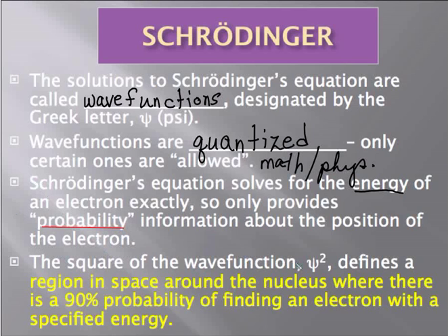So the wave function squared is really what we're after. The wave function squared defines a region in space where there's a 90% probability of finding an electron with a specified energy. Unfortunately, the full definition of this is going to require 3 quantum numbers.